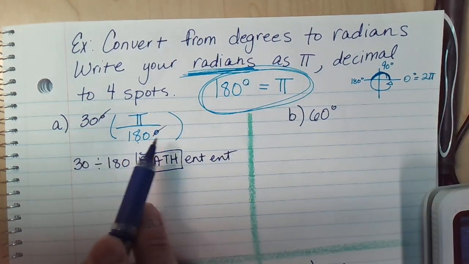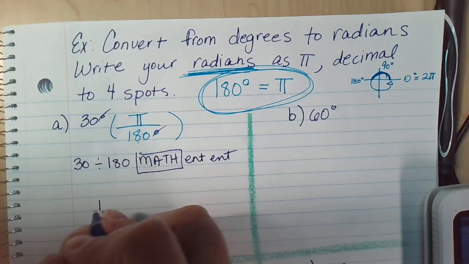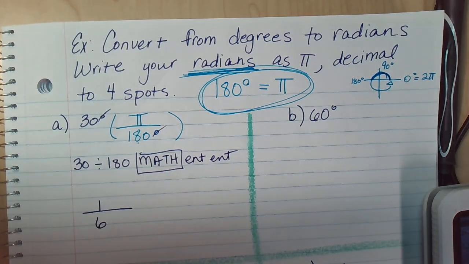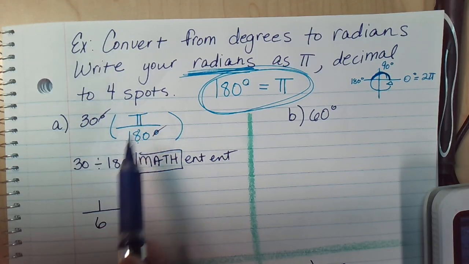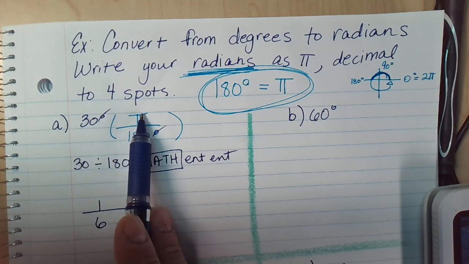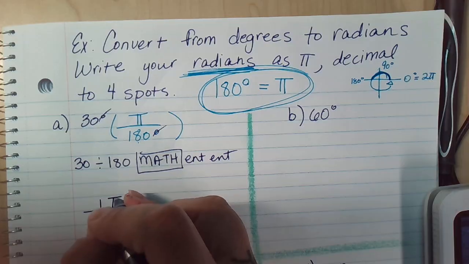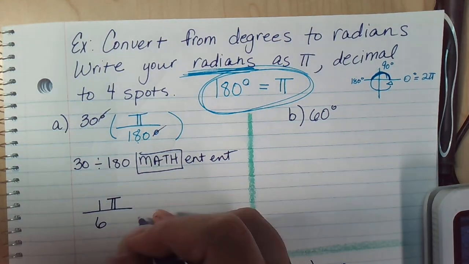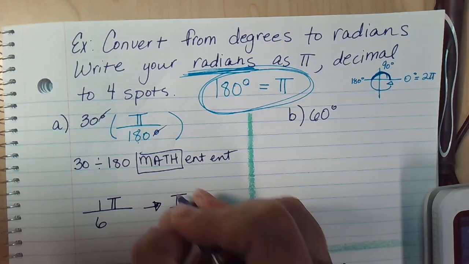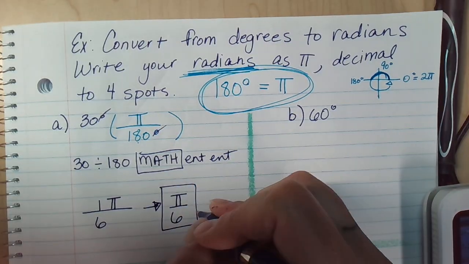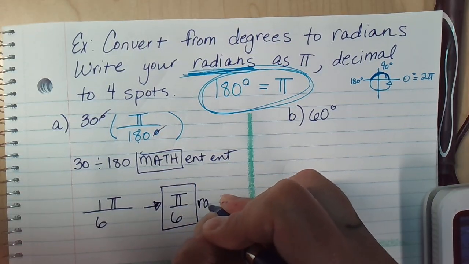So this 30 divided by 180 is 1 over 6. But if I were to multiply this, I'd multiply 30 times pi and then divide by 180. Either way, the pi stays on the top. And 1 pi over 6 is the same thing as pi over 6. Hey, we just found the radians.